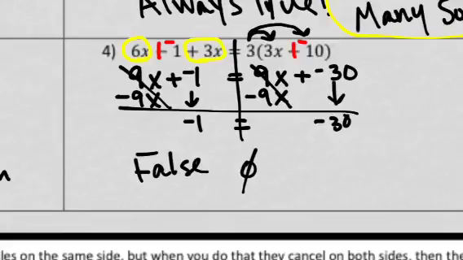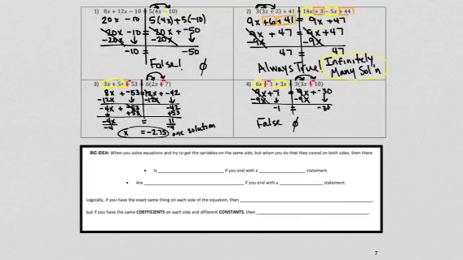Let's take a look at the big idea now. Notice that 2 of our answers were no solution, and both of those ended up in false statements at the end. So when you solve equations and the variables cancel on both sides and you're left with a false statement, there is no solution.